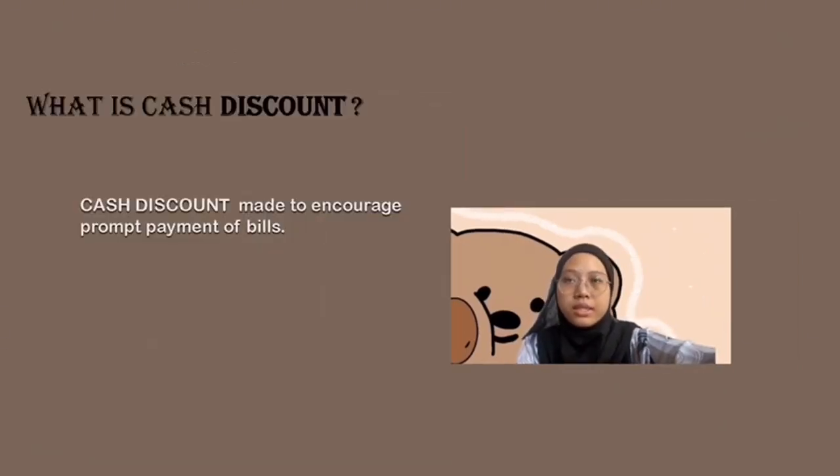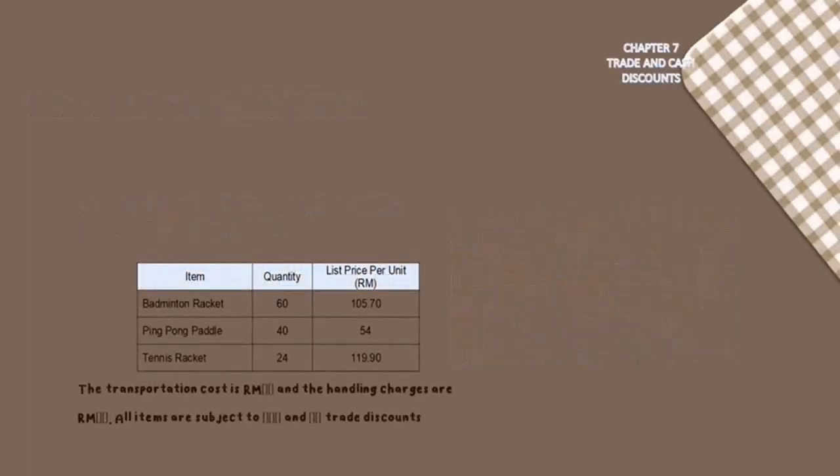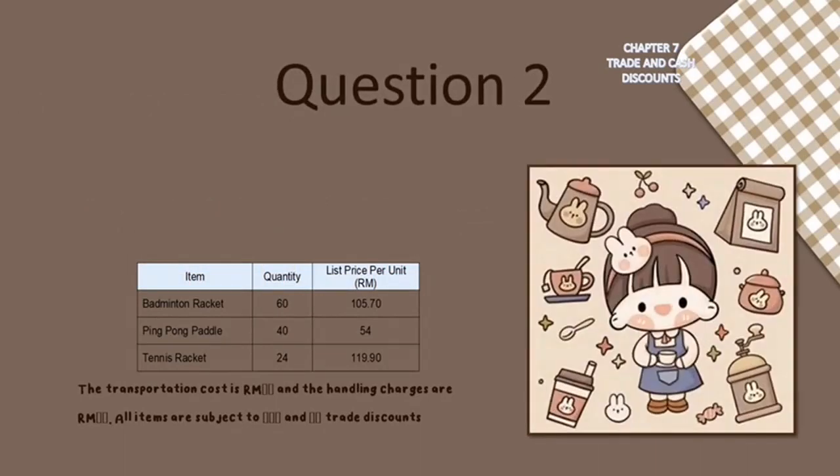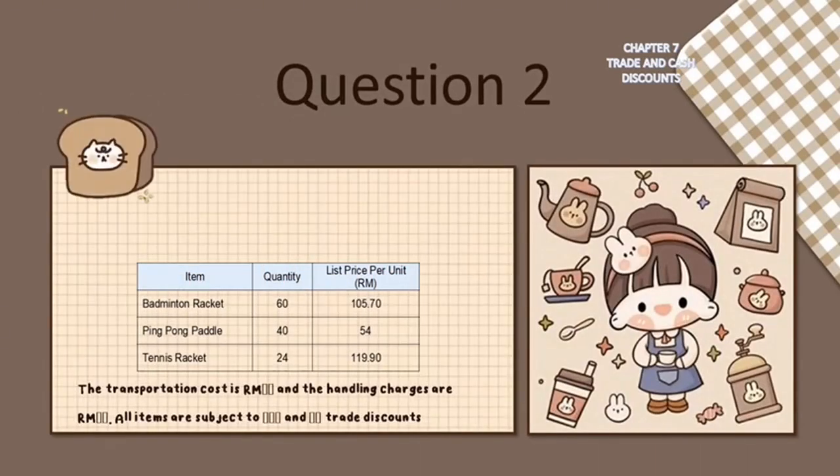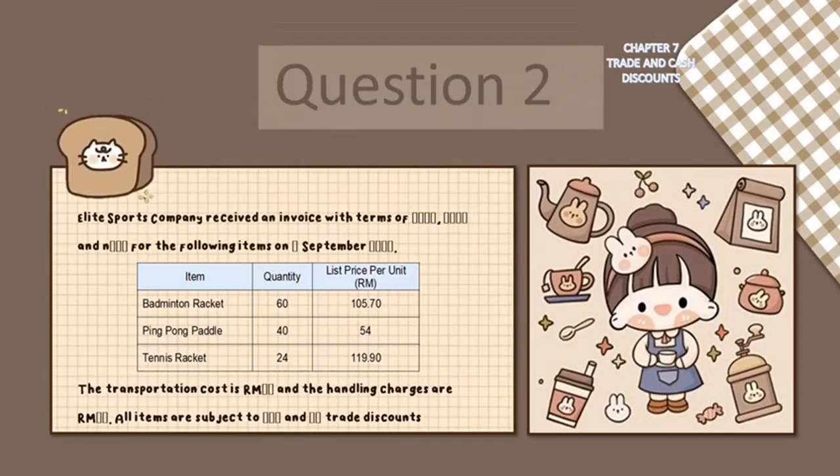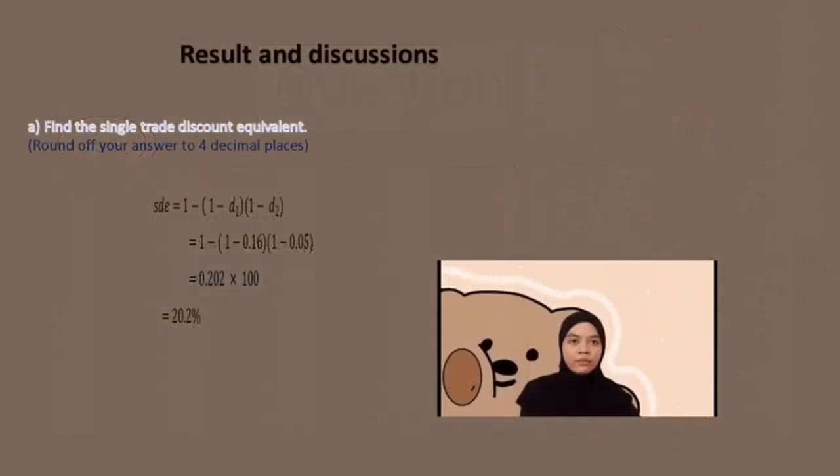What is cash discount? Cash discount is made to encourage prompt payment of a bill. For question 2A, find the single trade discount equivalent.